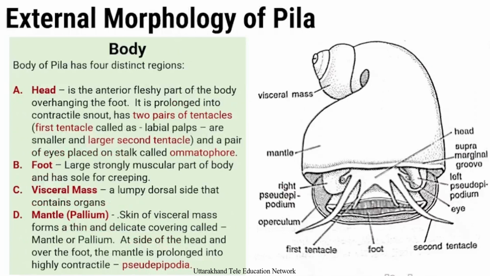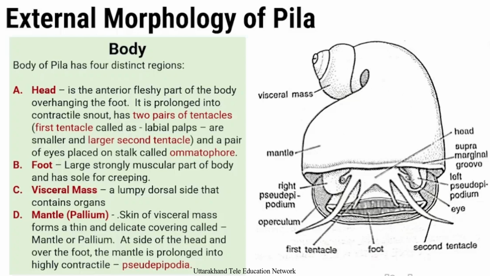And this is the morphology. Again, if you look at the body of Pila, it has four distinct regions: head, foot, visceral mass, and mantle. Head is the anterior fleshy part of the body overhanging the foot.